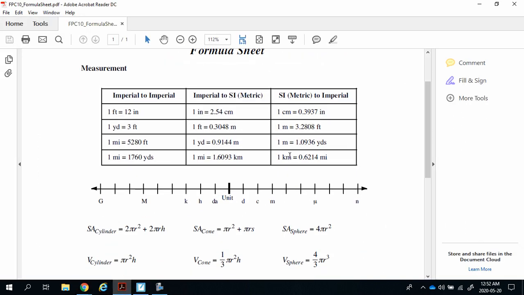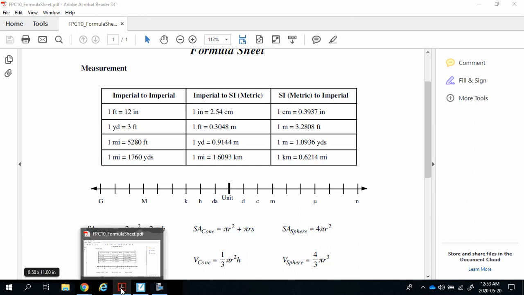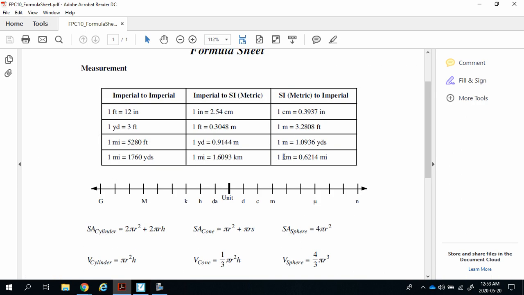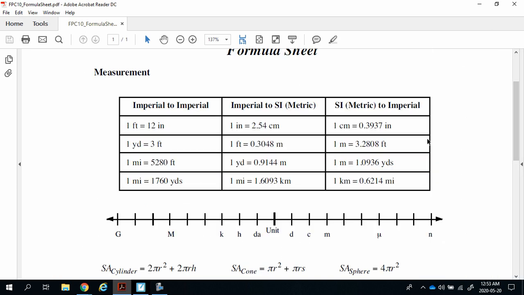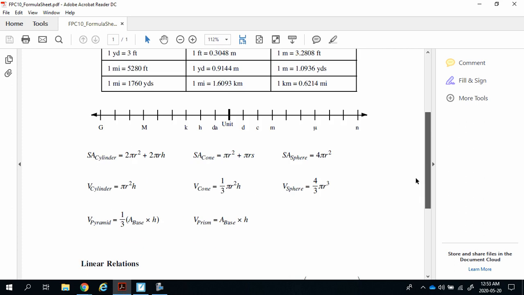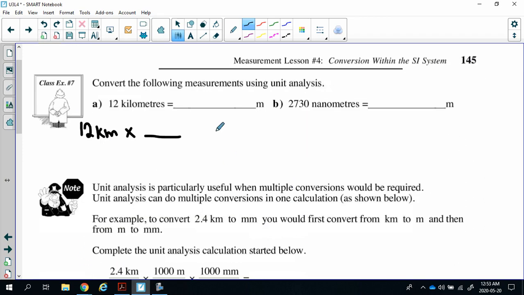Now what you want to do is I pulled up a formula sheet for us here. It shows you that to go from kilometers to meters, we know that 1 kilometer is 1,000 meters, right?